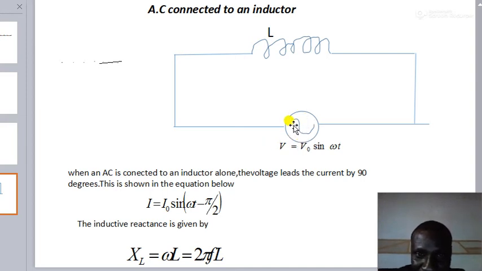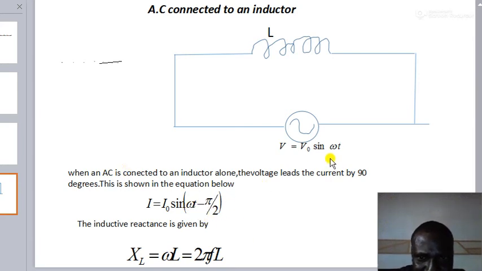When the alternating current voltage source V naught sine omega t is connected to an inductor, we will see that the current that flows has a phase angle of minus 90 degrees. That tells us something.